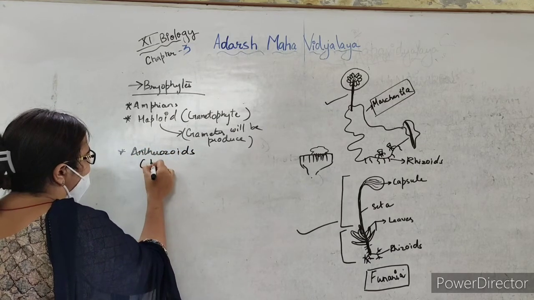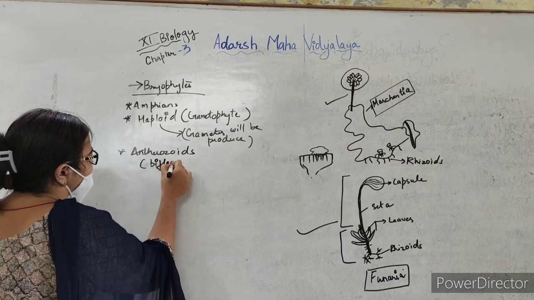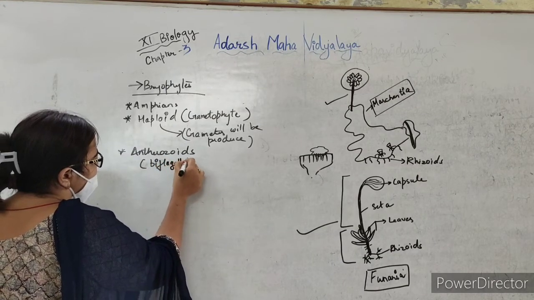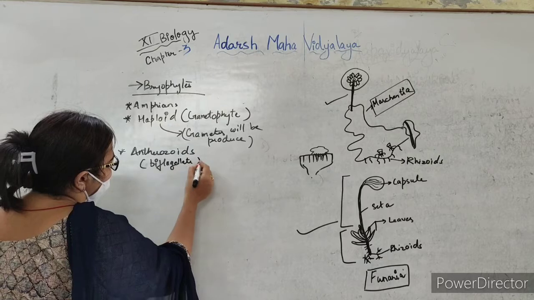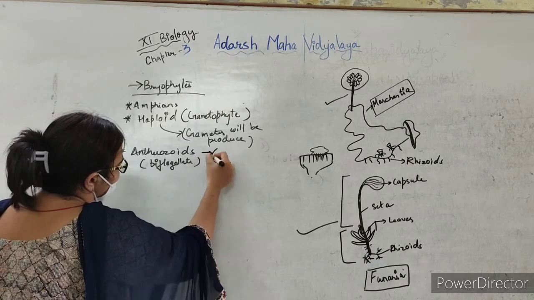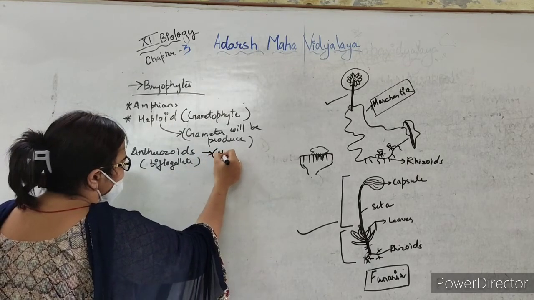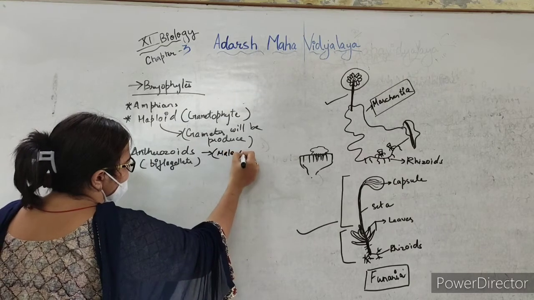The antherozoids are biflagellate, and these are the male cells.